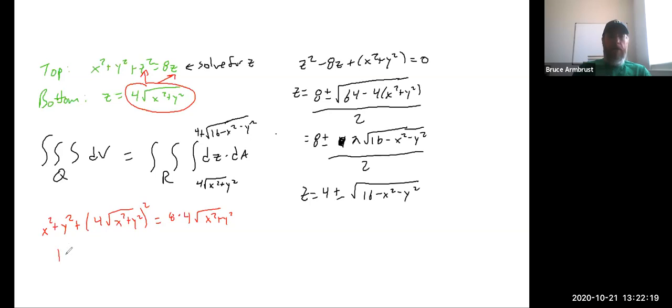So this is going to be 17x squared plus 17y squared equals 32 square roots of x squared plus y squared.